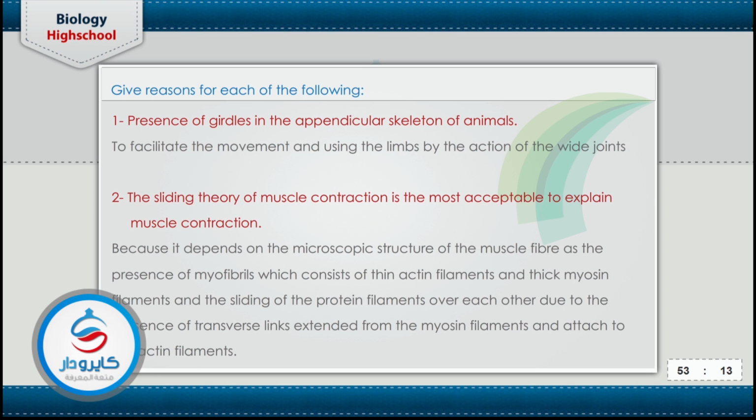And he observed the transverse links extended from the myosin filaments and attached to the actin filaments, causing contraction or sliding of the actin filaments between the 2 sides of the myosin filaments, which shortens the myofibrils during the contraction of the myofiber.